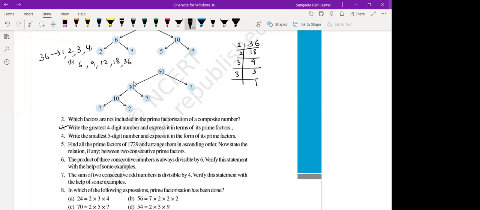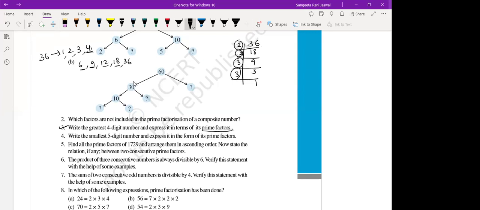But when we are talking about prime factors, we take only those numbers which are primes. 2 is a prime number, 3 is a prime number. Are you understanding? So here there is no 4, no 9, no 6, no 12, nor 18.